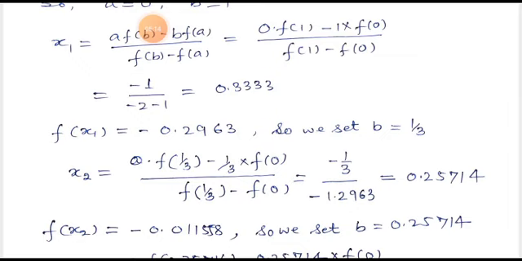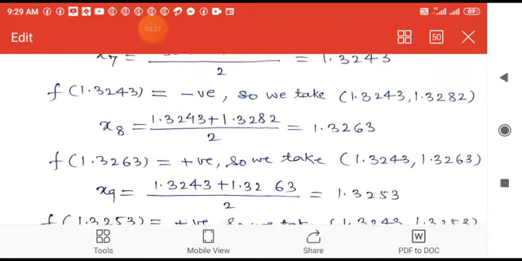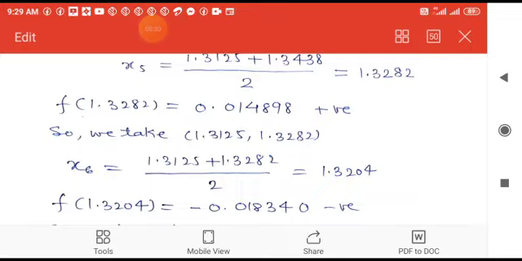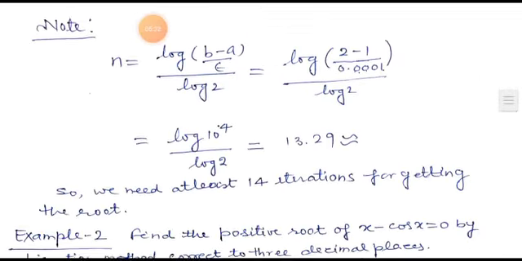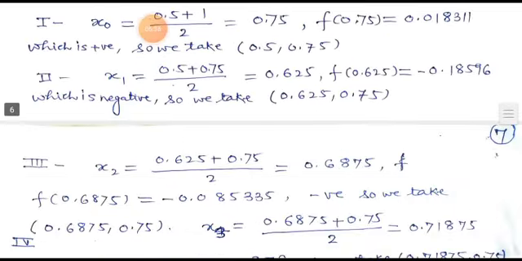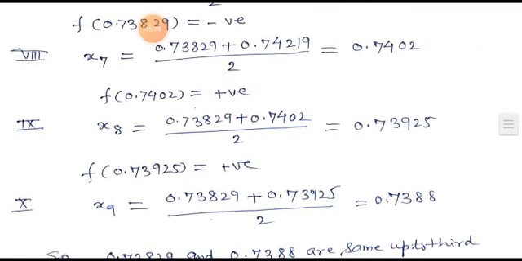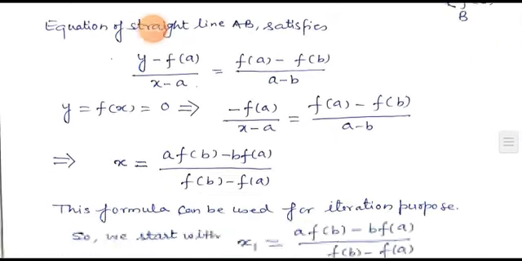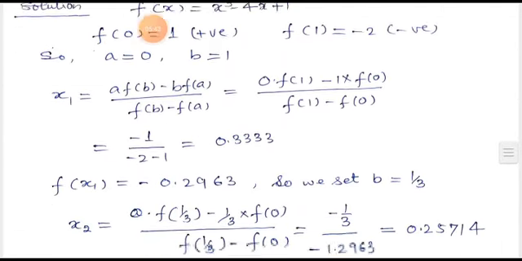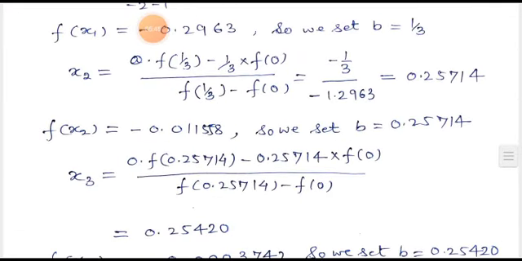Putting these values into x2 and solving these terms, we got the value 0.2571. Treating this value of x2 and putting it in the formula, we get the next value x3.